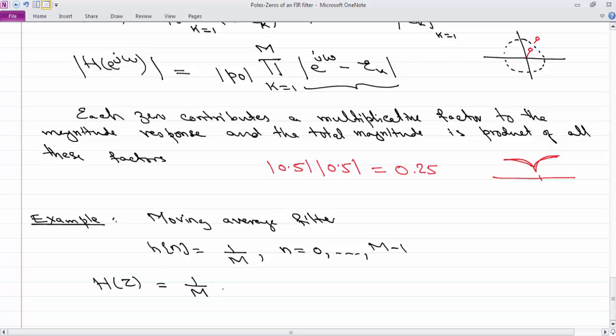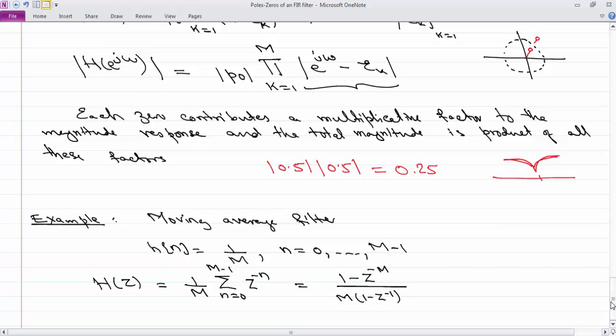So it's 1 over M, sum over n from 0 to M minus 1, z to the minus n. Okay. Now we can use the geometric sum formula, and we get 1 minus z to the minus M over M times 1 minus z to the minus 1.